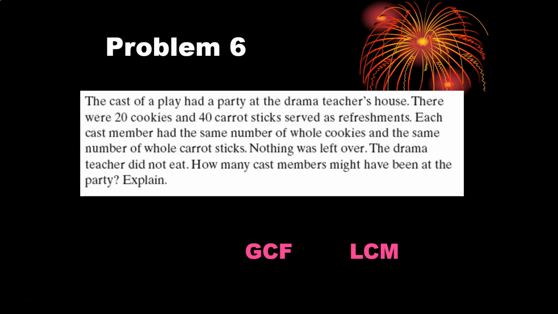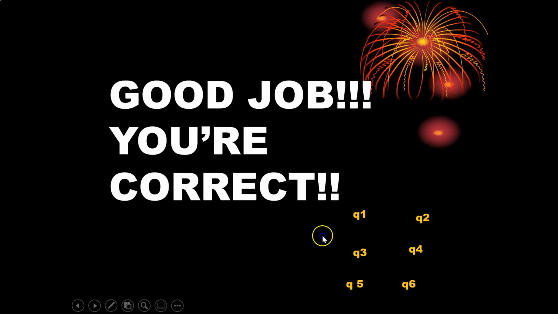If you're thinking about factors, then you're exactly correct here, because we're thinking about how to divide these up into whole numbers. Notice that this problem is a little bit different because it's not necessarily asking for the greatest common factor. It just says how many cast members might have been at the party. The answer could have been 2. Only 2 people. They split 20 cookies and 40 carrot sticks. So that would be just wonderful. So let's check here. Good job.